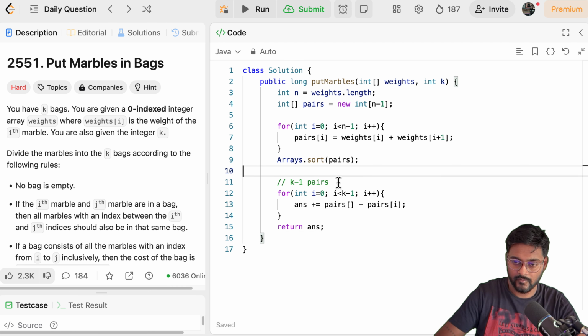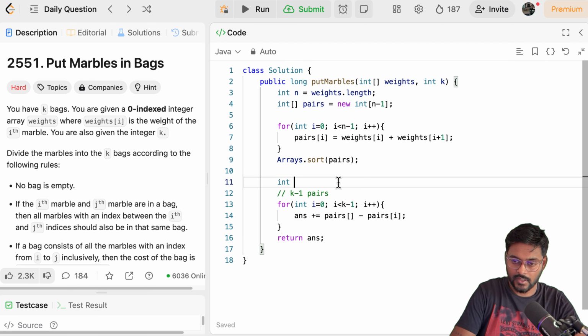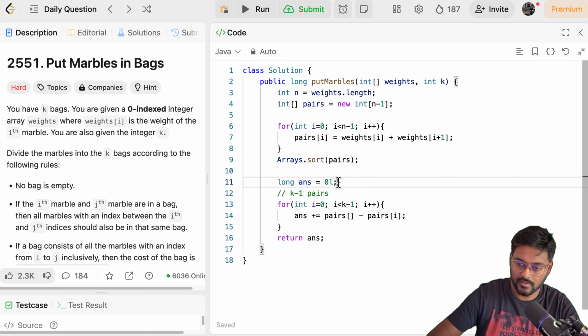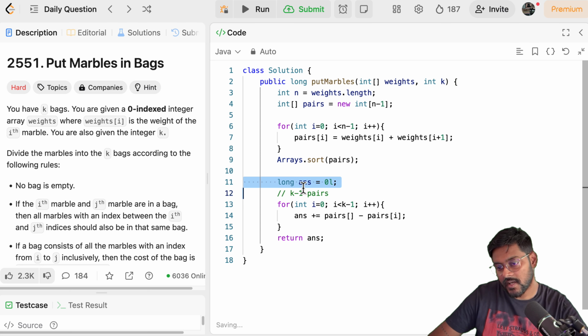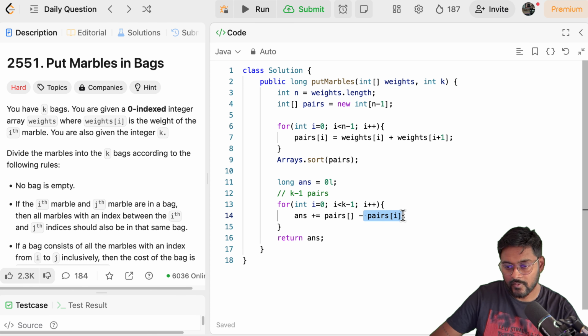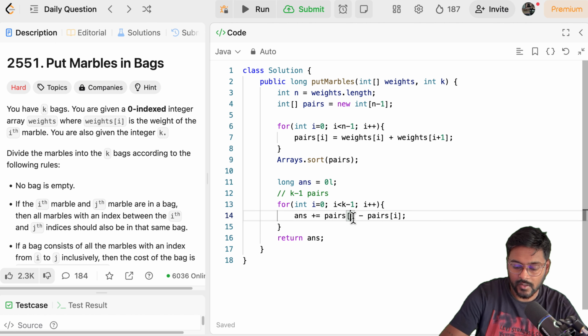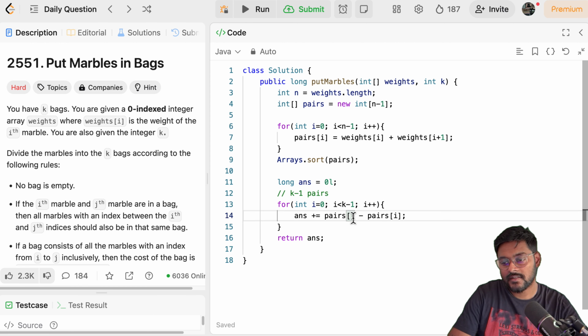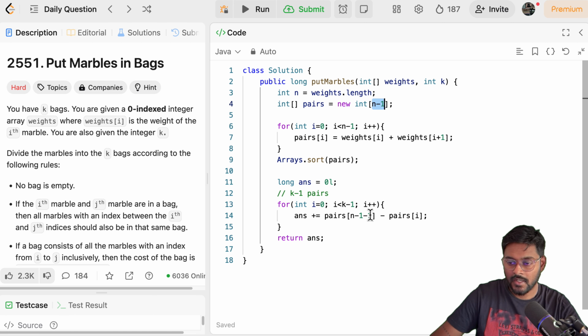They're expecting a long value, and for that, long answer, let's initialize it with 0. This is the answer, and from 0 to k minus 1, I am picking the minimum value from the starting of the pairs array and the larger value from the ending of the pairs. What is the last index? So the last index in pairs is n minus 1 minus 1, right?